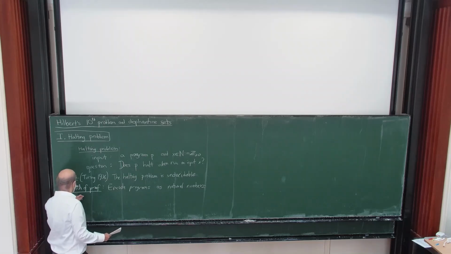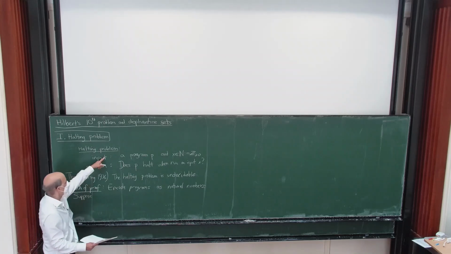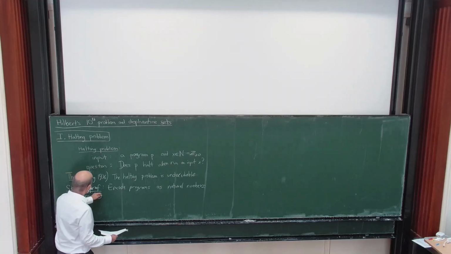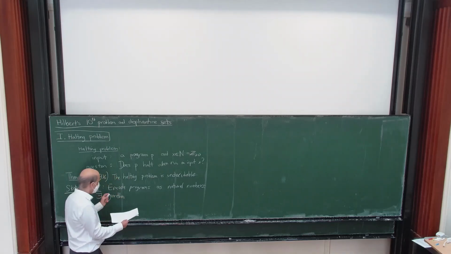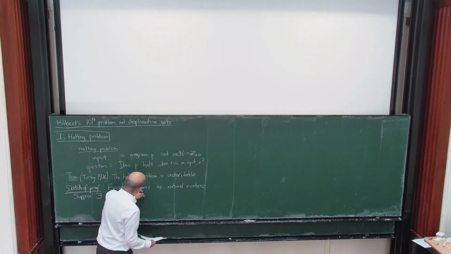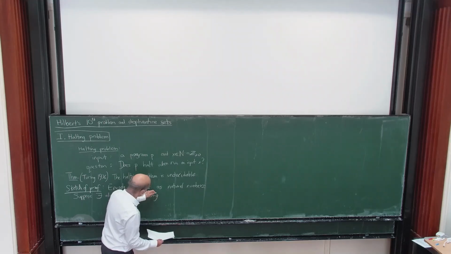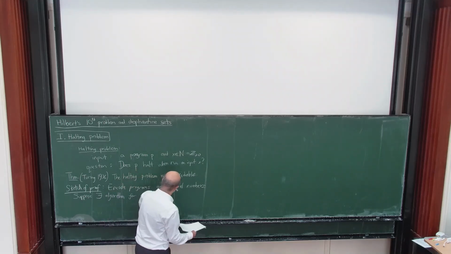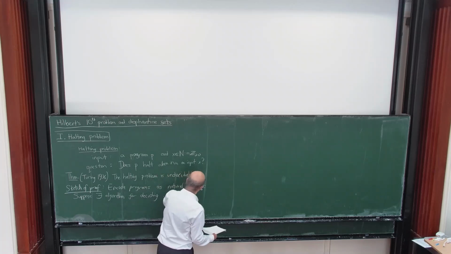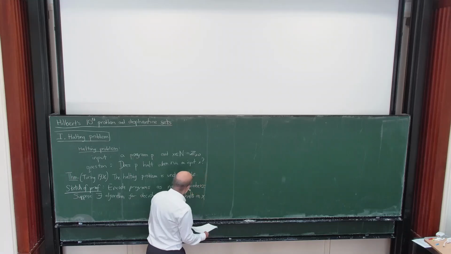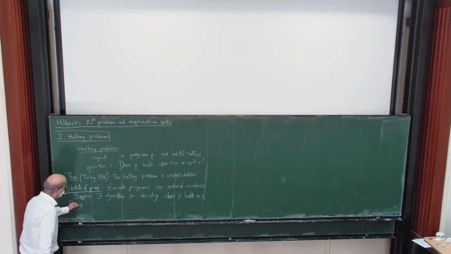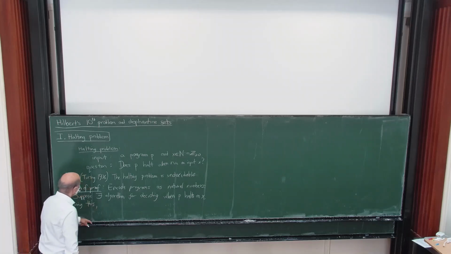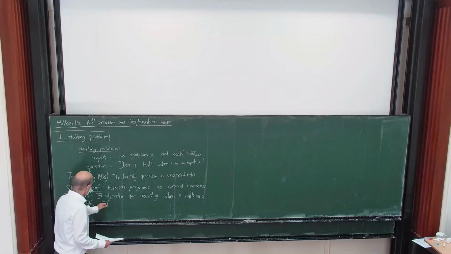So suppose that there is an algorithm for solving this. Suppose there is an algorithm, this debugger, deciding on every instance whether P halts on input X. So using this, you could use this as a subroutine.